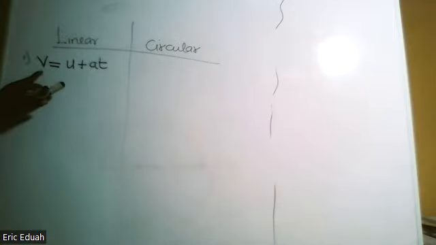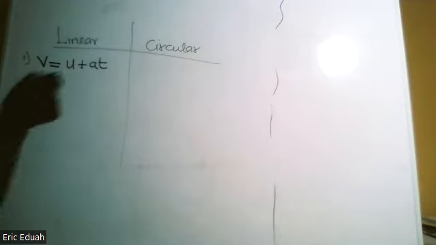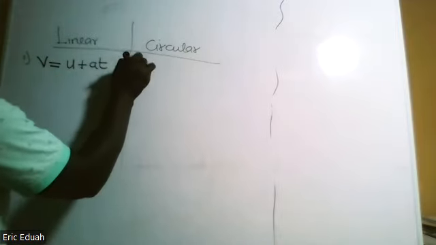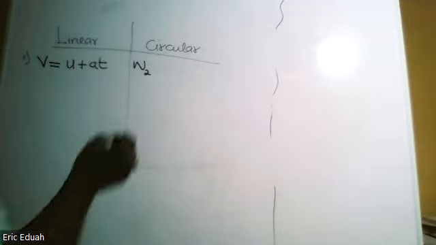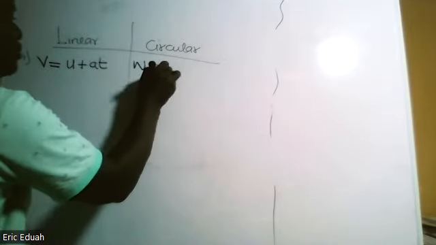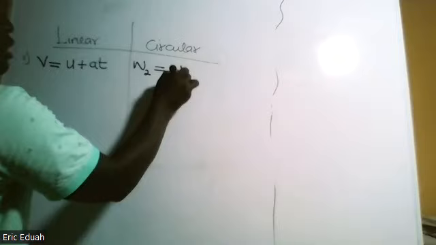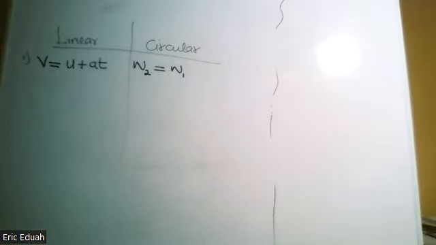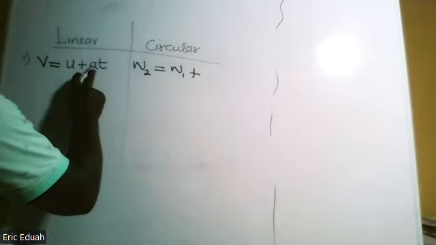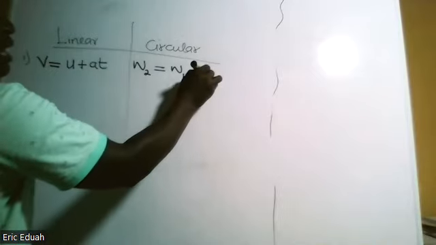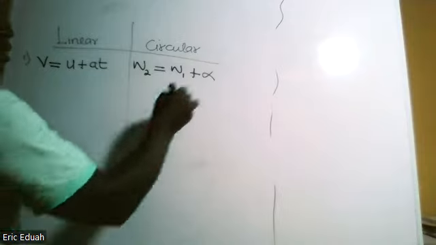This is final linear velocity, initial linear velocity. We also have final angular velocity, omega 2, is equal to initial angular velocity, omega 1, plus the angular acceleration times time.